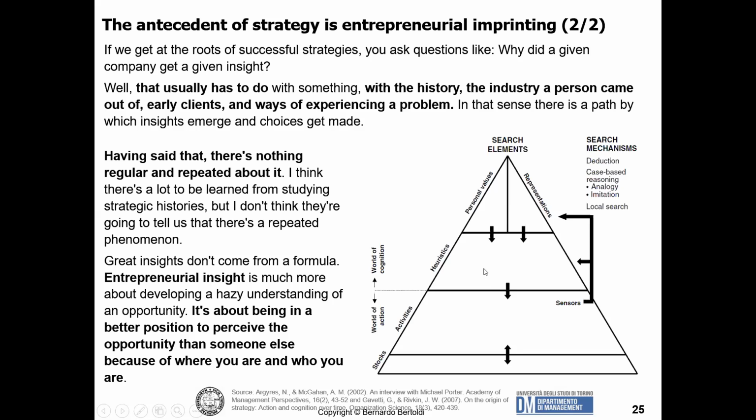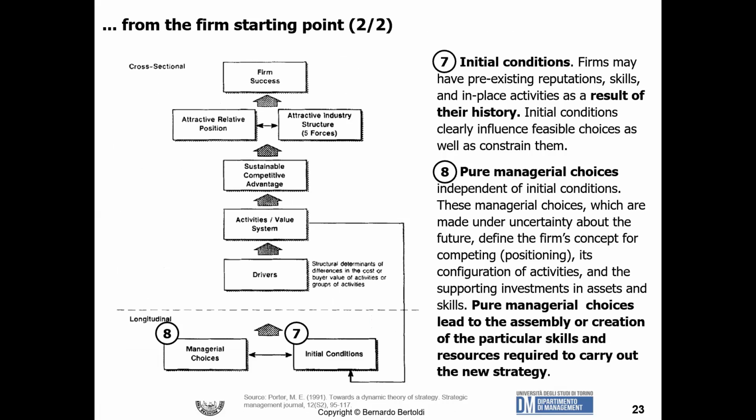through all the history of the company, so that when you start a strategic planning cycle here, you have to take into consideration that there are initial conditions and pre-managerial choices that take the company where it is today, but more than that, build the activities, the competence, the resources, the value system that the company has today.